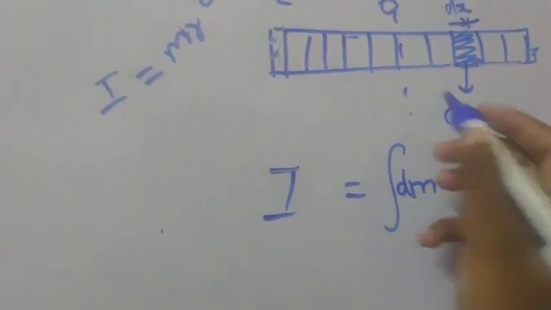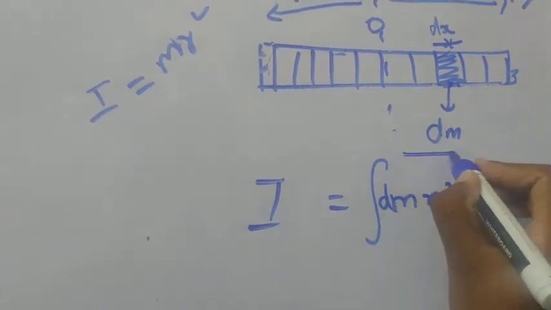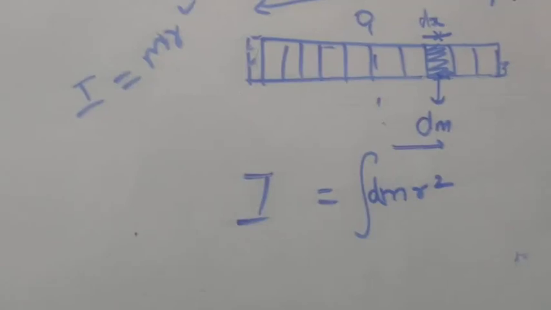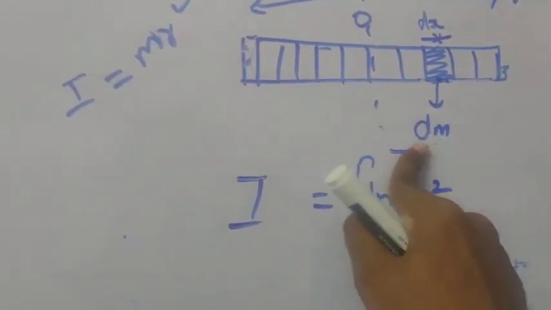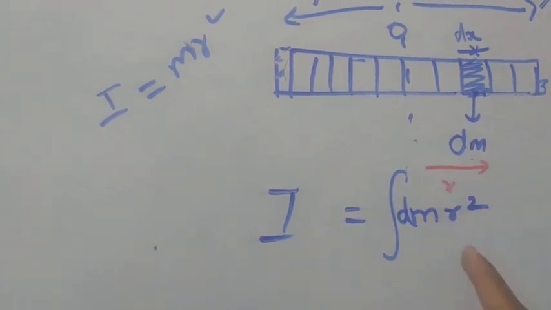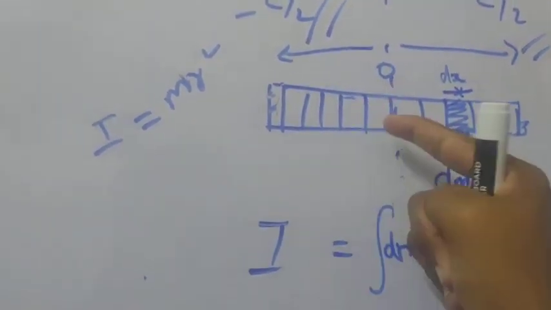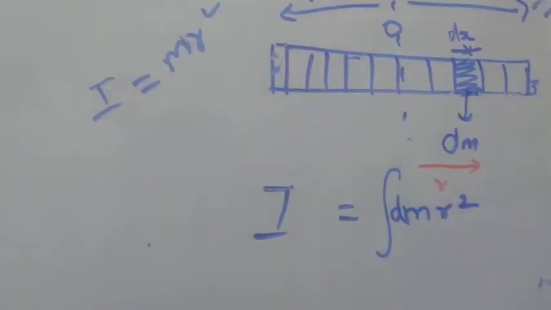Let's take the distance of this small dm mass from the axis of rotation as r. So it is r square, the distance from the axis of rotation to the dm mass.